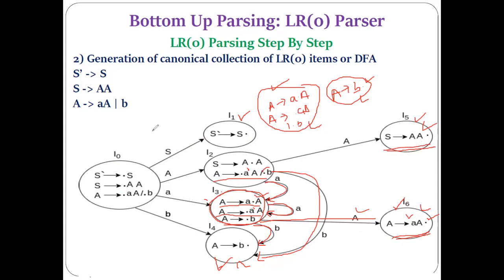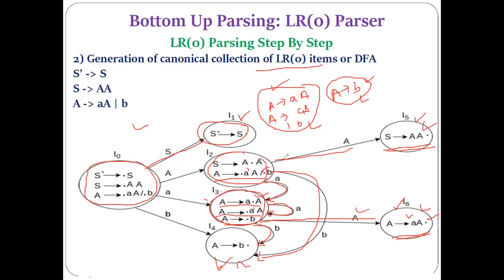Okay, so this is the canonical collection of LR0 items. What you have to do? You have to apply the closure operation if required, and then you have to apply the goto operation. Closure operation, goto operation, closure operation, goto operation. When you are applying the goto, you have to move the dot from left of that particular symbol to the right.